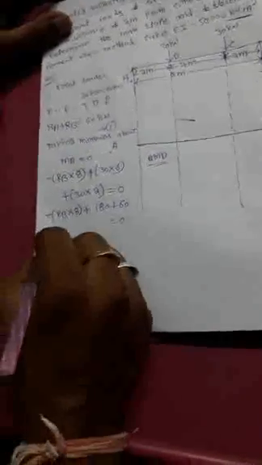Next, minus RB into 8 equal to 180 plus 60, which is 240. Minus 240, cancel. So RB equals 240 by 8. So the answer is 30 kilonewtons.